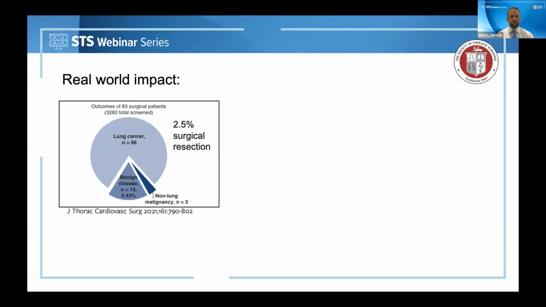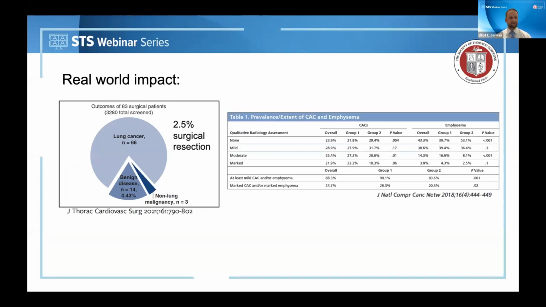So we're now up to approximately 8,200 patients that we've screened with a total of over 22,000 studies performed, and that has led to approximately 200 surgical resections. But it's not just about surgery. It's important to note that some of the other findings are critical.